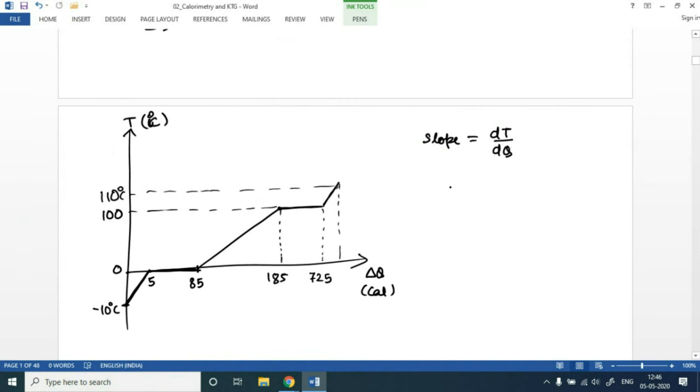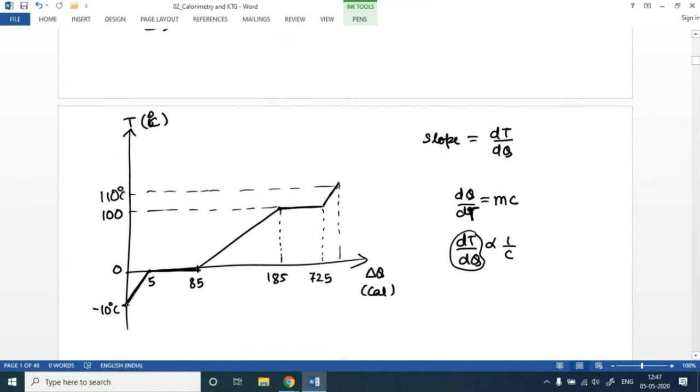And you already know this expression, dQ is nothing but m c dT. So obviously dT by dQ, you should realize, is inversely proportional to c. So if the specific heat capacity of the substance here is greater, then the slope of the T versus Q graph will be smaller.